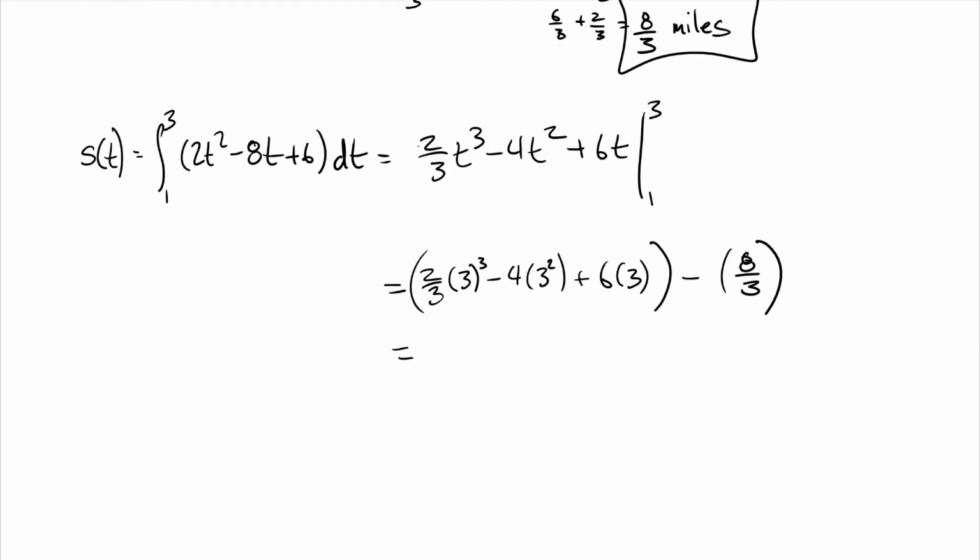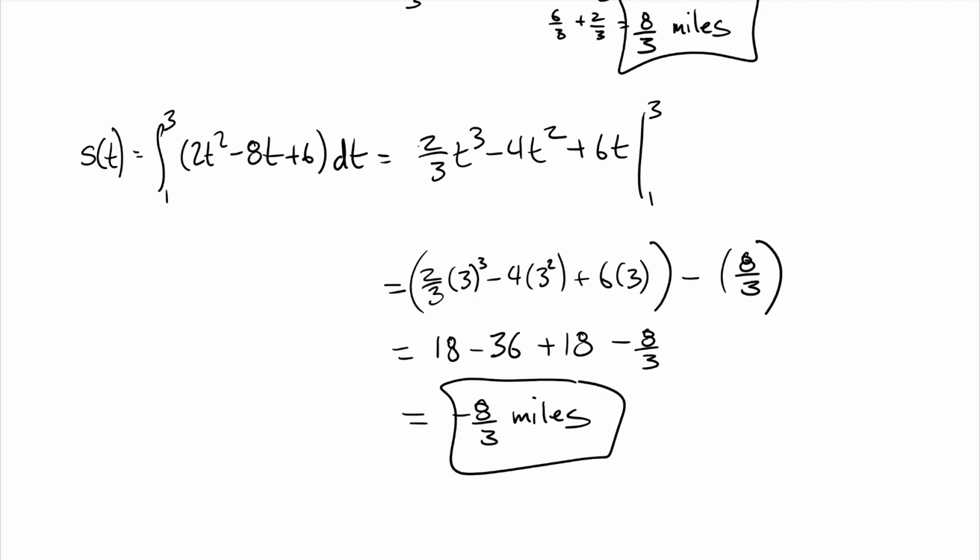So we're going to get 27 divided by 3, 2 times 9, that's 18. 4 times 9 is 36. Plus 18. Minus 8/3. So this ends up being minus 8/3 of a mile.